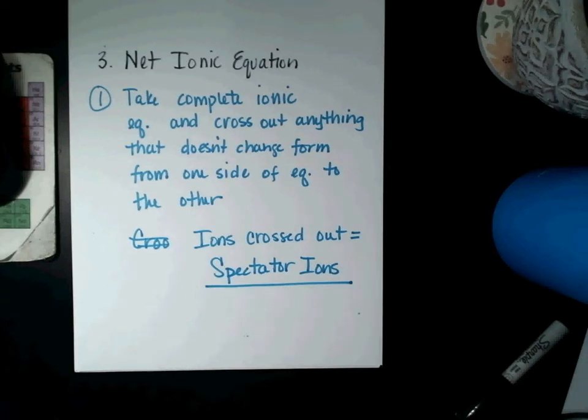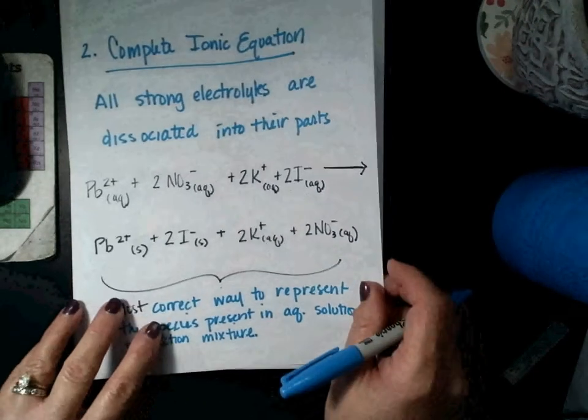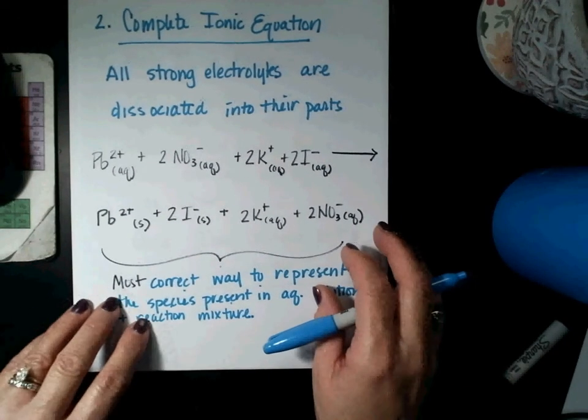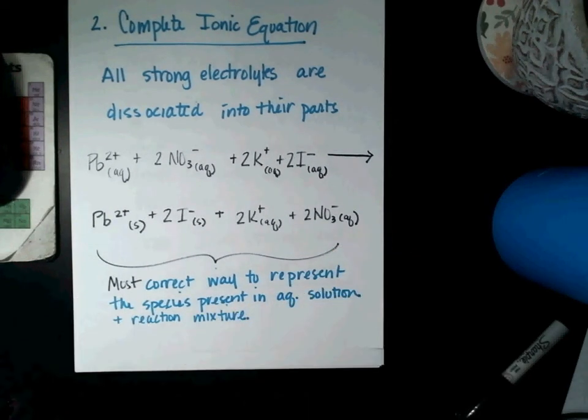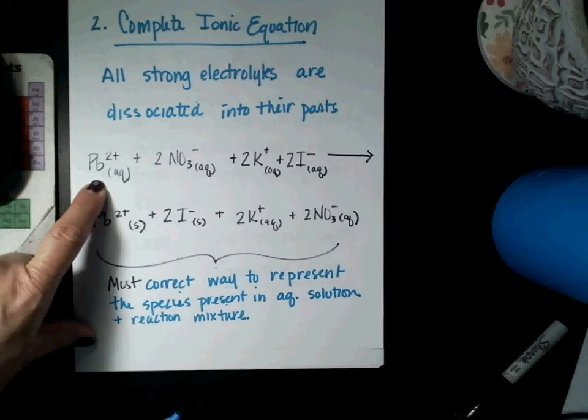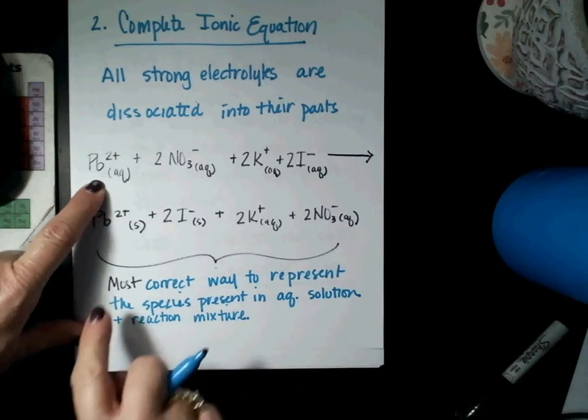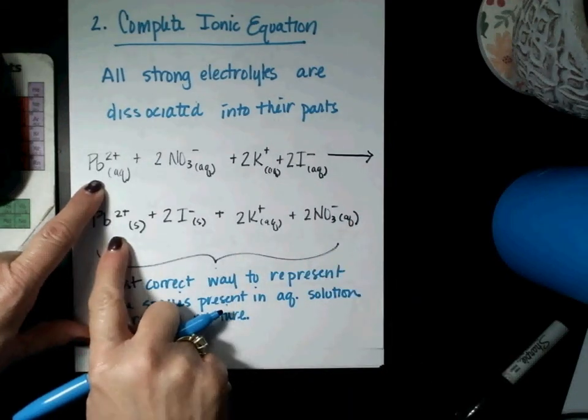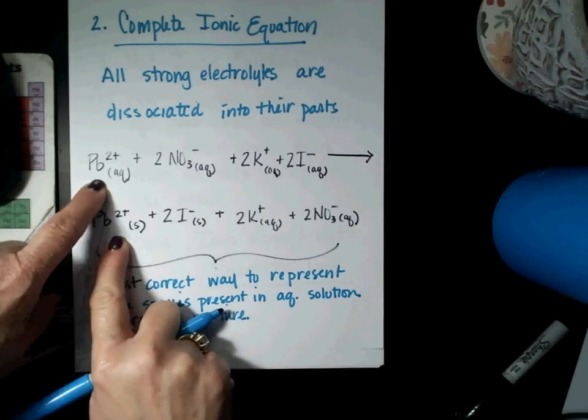So, once again, I'm going to find my paper. So let's go back. You should have this in your notes. And you really do have to just start with each one and say, okay, my lead 2 started as aqueous. What is it on the other side? It's a solid. So I don't want to cross it out.